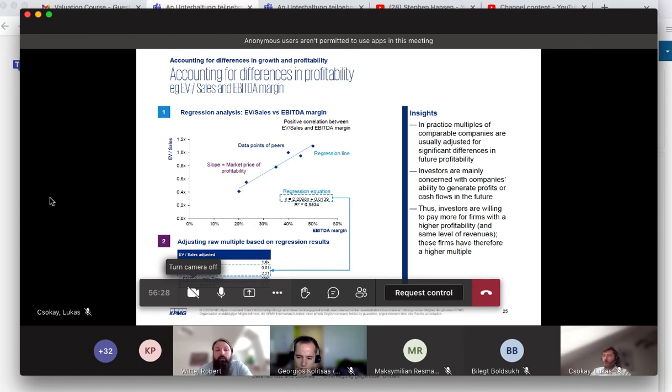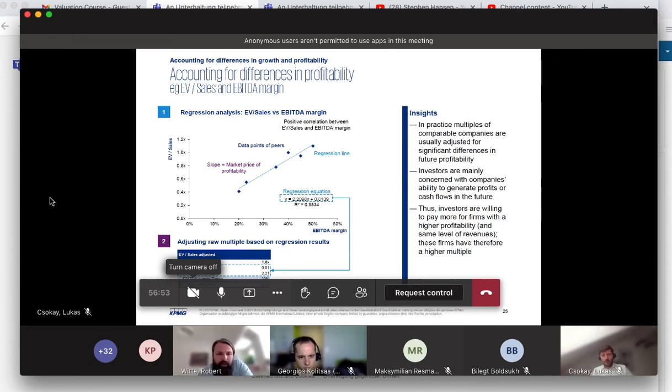And again, when you look at the data a little bit closer, you might want to make some adjustments to that logic or approach. You don't want to just use the mean, right? I will try to walk you through what we do here and why we want to adjust the multiples, or the mean or average of the peer group.